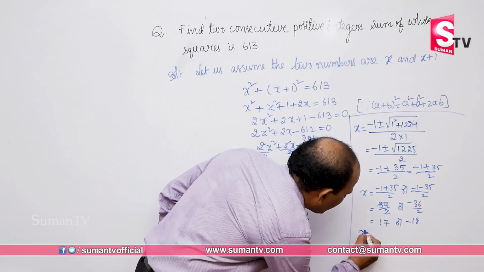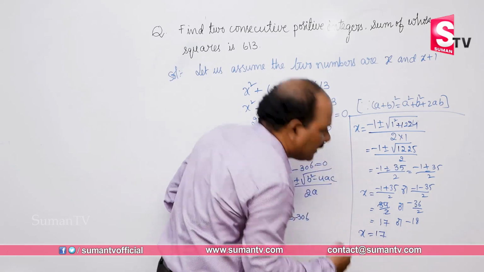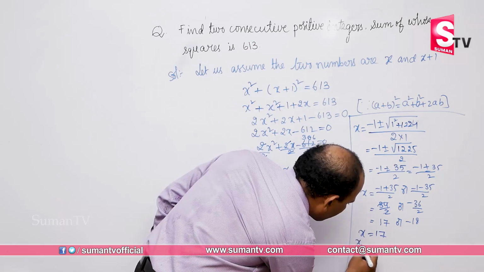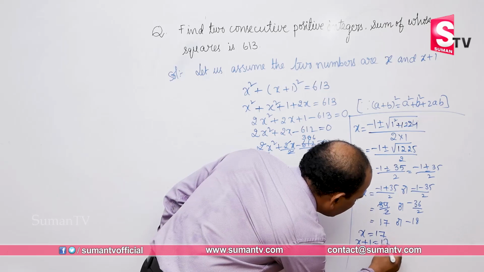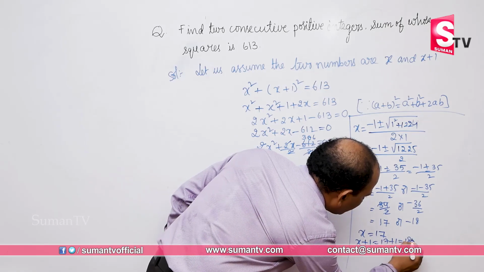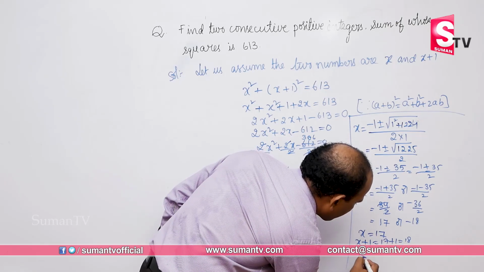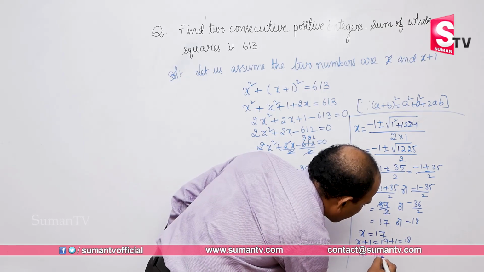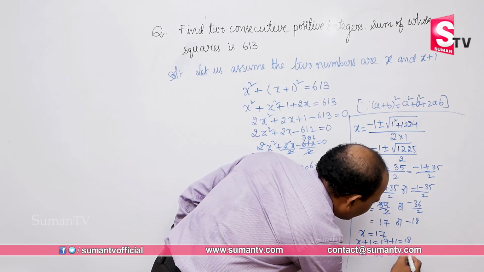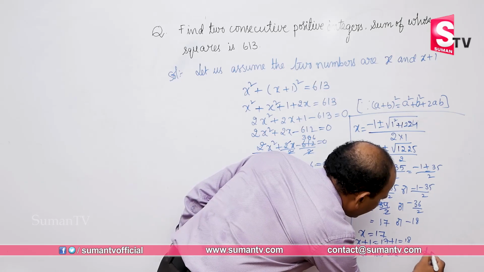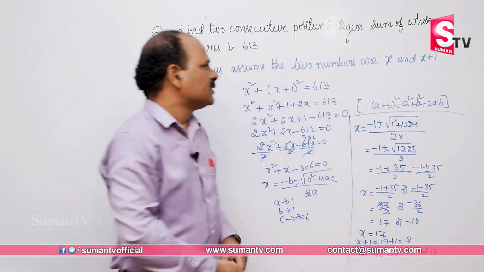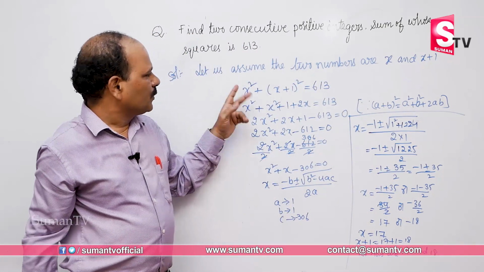So x value is 17. Its next number x plus 1 is equal to 17 plus 1, that is 18. The two numbers are 17 and 18.